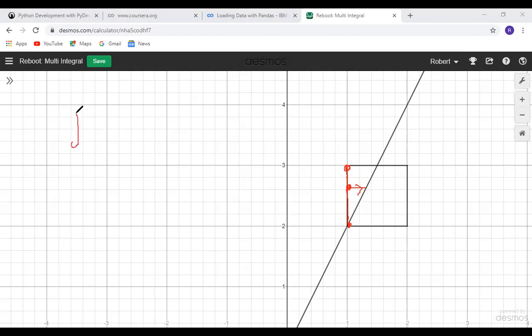The x values go from x equals 1 to x equals y over 2, because this line is y equals 2x, and if y equals 2x, then x equals y over 2. And then the y values go from 2 to 3.